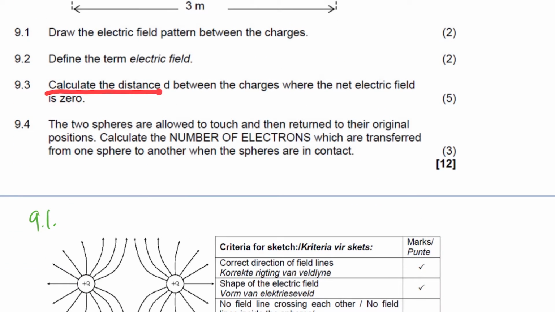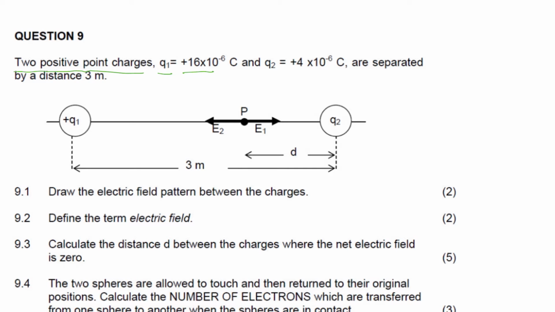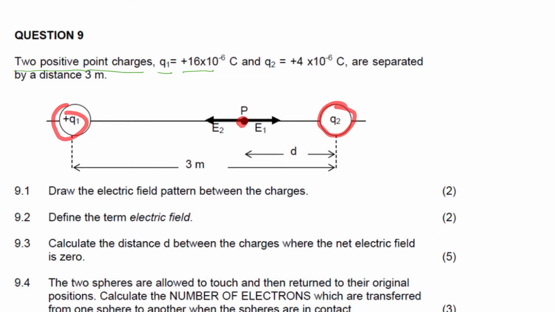9.3 says calculate the distance d between the charges where the net electric field is 0. Guys, let's look here. They say the net electric field at this point P due to Q2 and Q1 is 0. So the electric field that Q1 does on P plus the electric field Q2 does on P, when you add them, they are equal to 0.